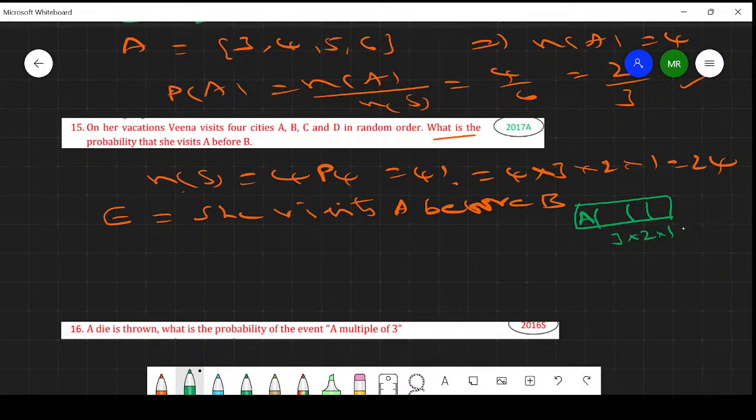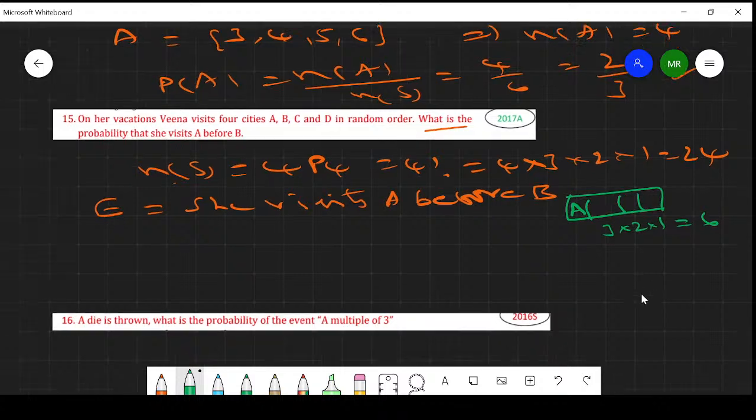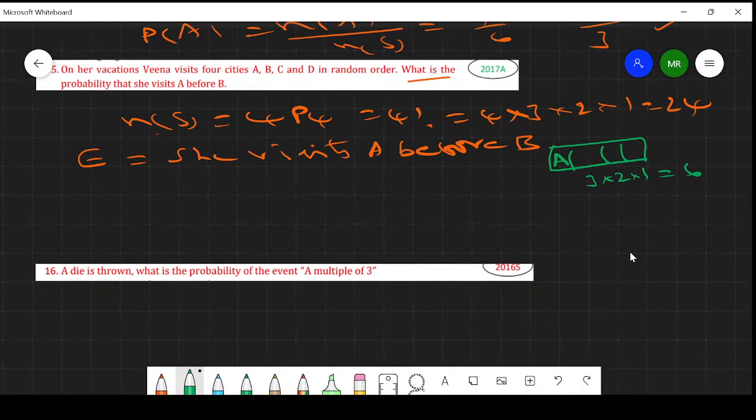So in total we have 6 ways she can visit. When the first place is A, the other places she can visit in 6 ways. Why? Because they're saying she visits A before B, so B can come in any one of the places here. I'm trying to find the favorable events to E. She visits A before B, right?